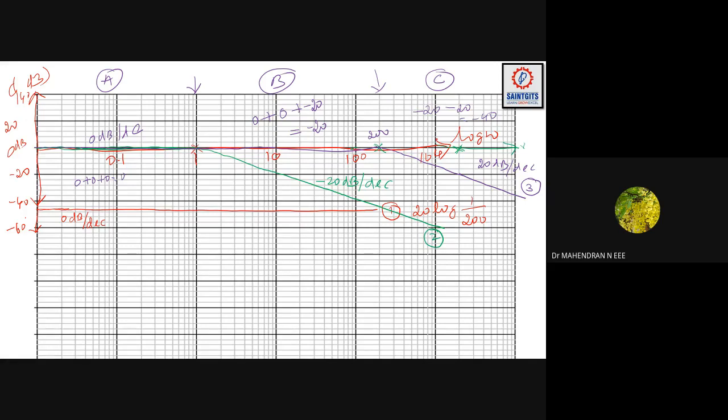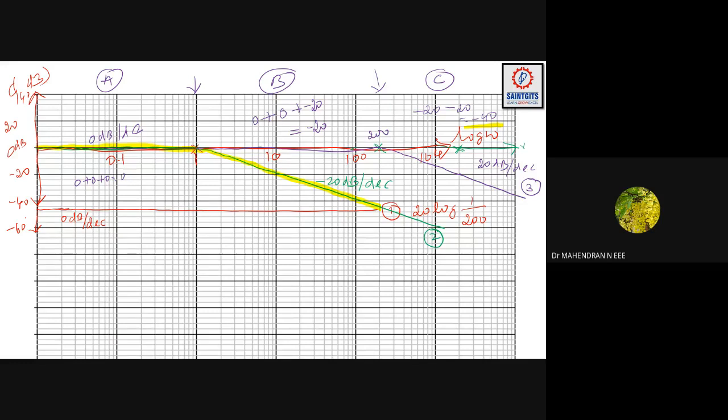So now you can highlight the Bode plot, up to here. After that, the slope will be minus 40. Please keep this point.